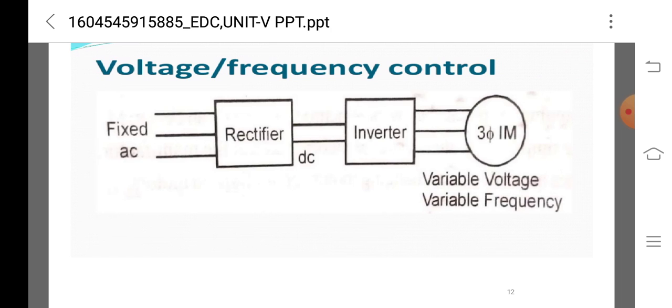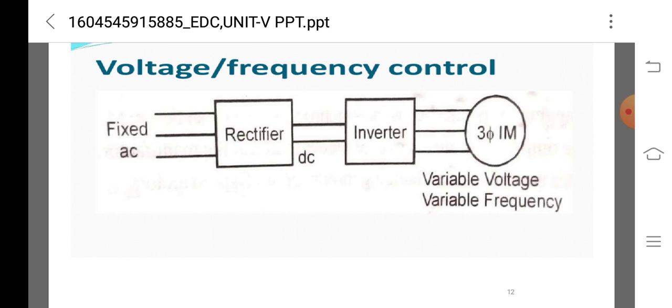This is voltage frequency control method. The voltage frequency control method is the most common method used in various applications. Here one or two solid state switches are implemented for controlling. That advanced switch version is a rectifier and inverter.